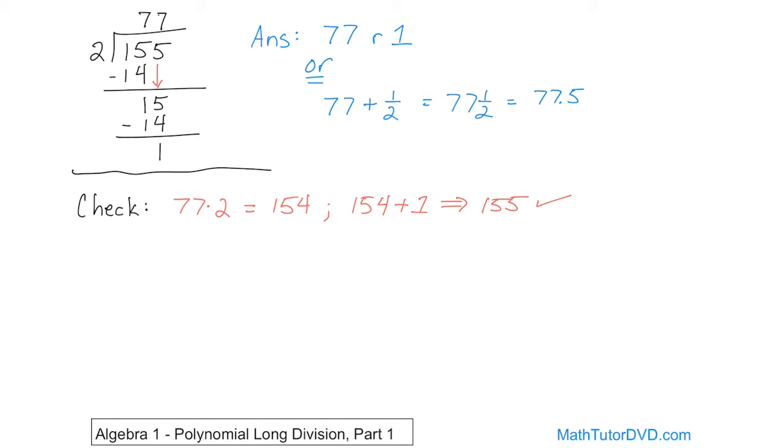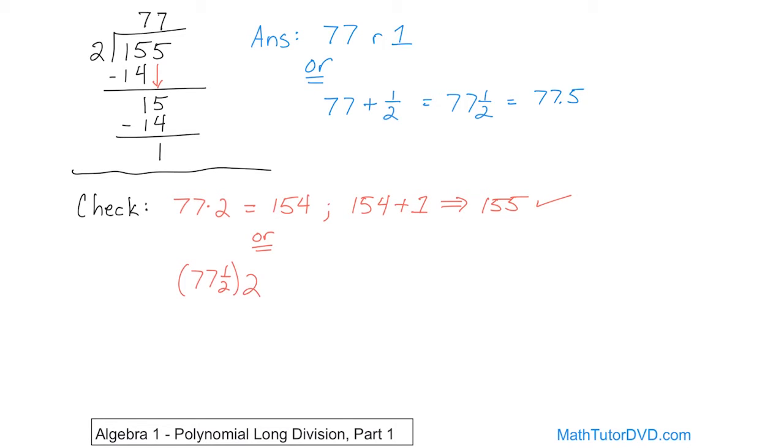Okay? Or you can check it another way. It's actually not any different, but I'll express it for you like this. Notice we said 77 remainder 1 is the answer, but we can also write it as 77 and 1/2. You express the fractional part as the remainder divided by what your divisor is here. So what you can do is check it by saying, and I'll put parentheses here, 77 and 1/2 times 2.